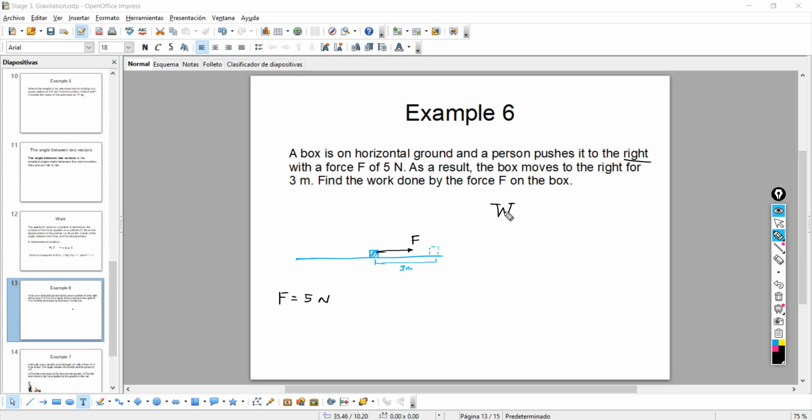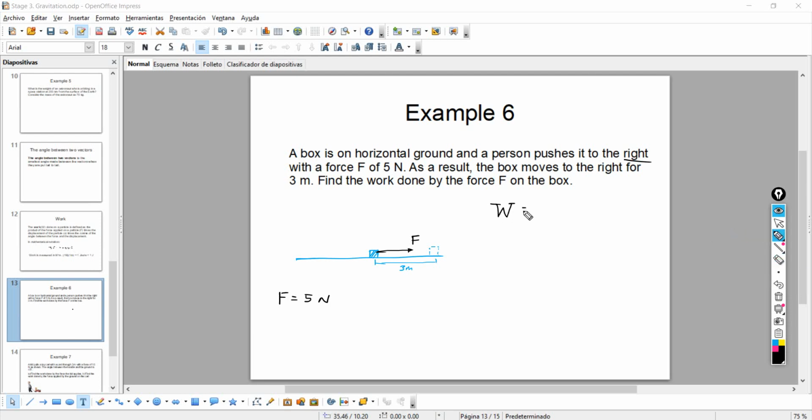Draw these things in the W, so that you make a difference between the W representing work and the W representing weight. This is the one that I write for work, and this is the one I write for weight. This is capital, and this is small case. That's always a good idea. That's the reason why I do this little thing in here. There's no other reason for that.